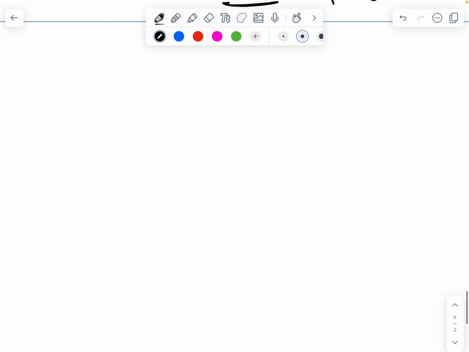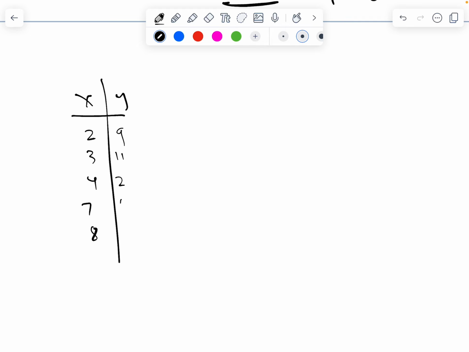So let's see what this looks like in a table. We've got x, we've got y. So x values are going to be something like, I don't know, 2, 3, 4, 7, 8. And let's say this is 9, 11, 2, 6, 5. So this is a function because 2 only produces 9, 3 only produces 11. Now if I duplicate one of these x values, if I write 7 a second time, but this time give it an inconsistent result, like 7 gave me 6, but now 7 is going to give me 34, this would not be a function.